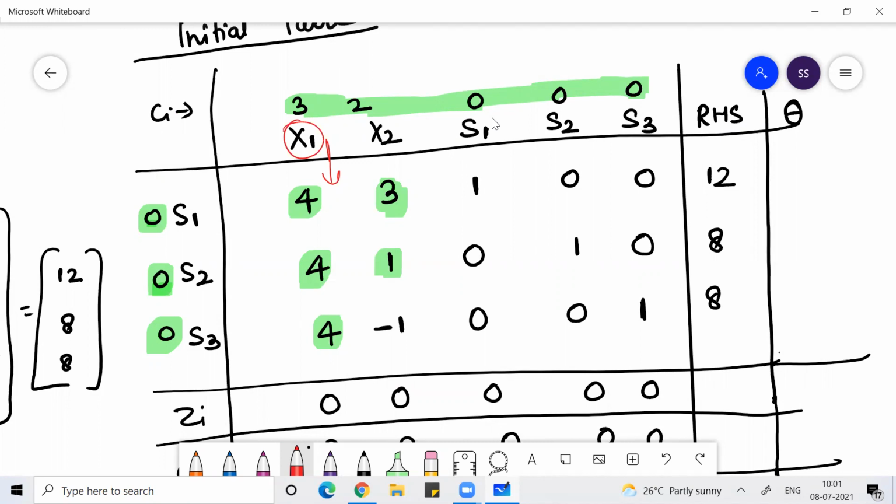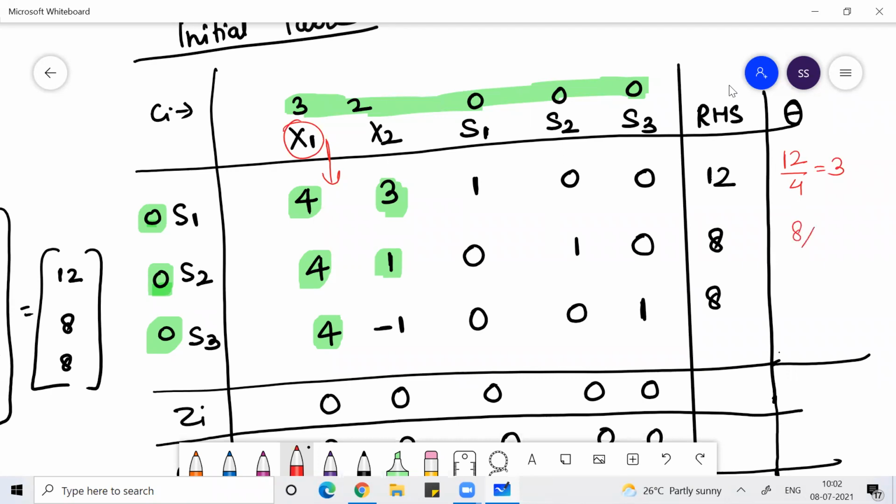If x1 is going to enter into the solution, then it will replace either S1, S2 or S3. So how to identify that? For that, we'll find the theta. Theta of this would be 12 divided by 4, which is 3.